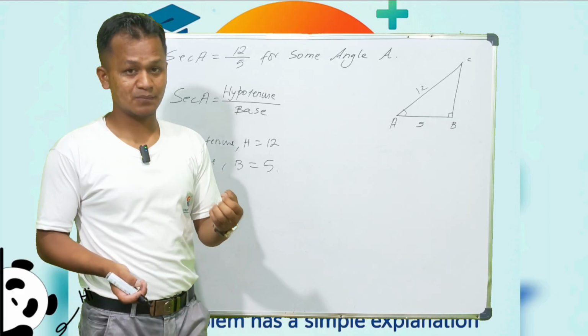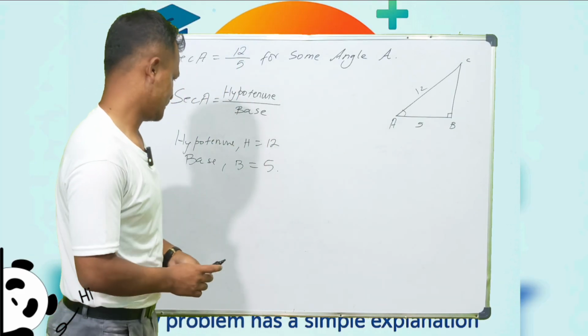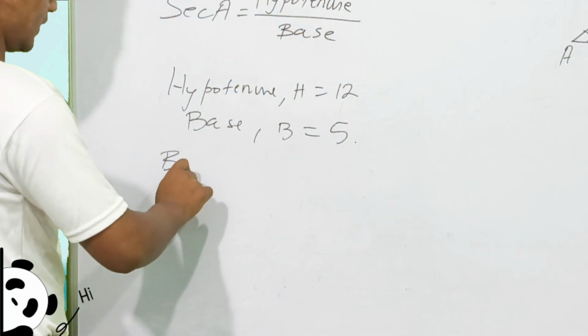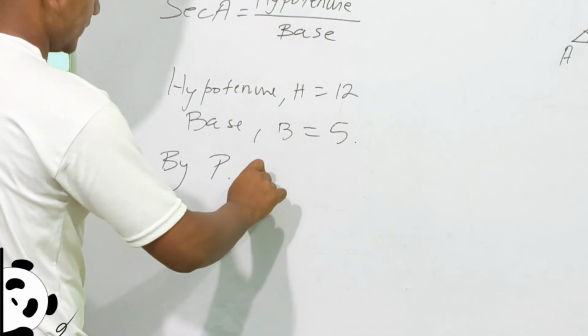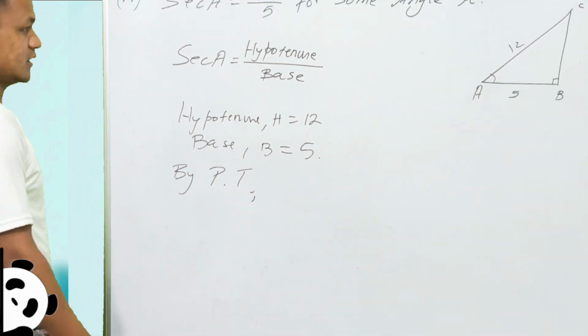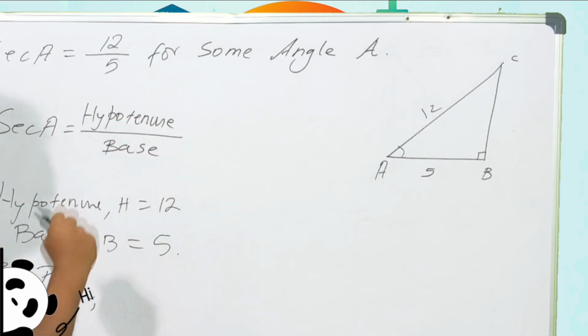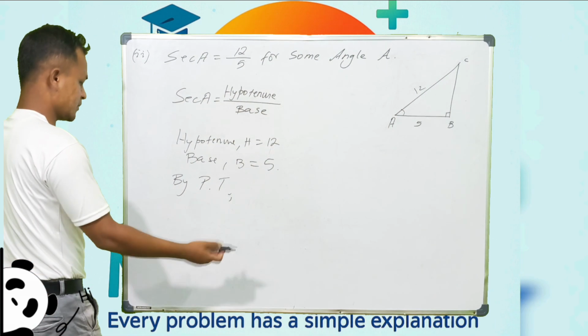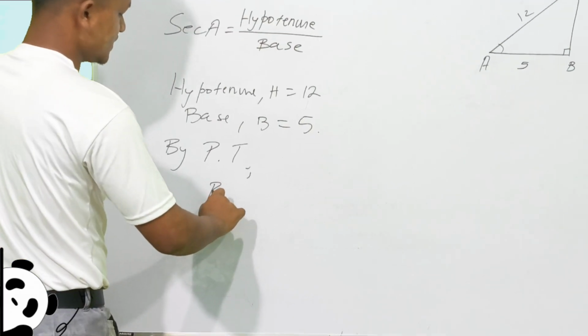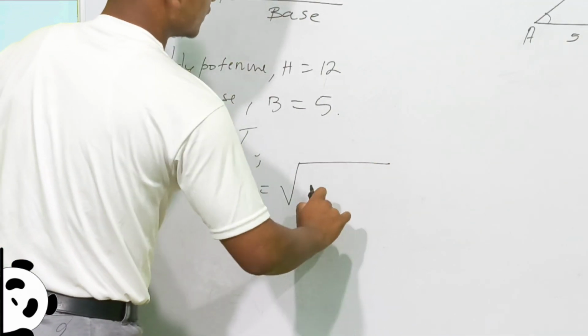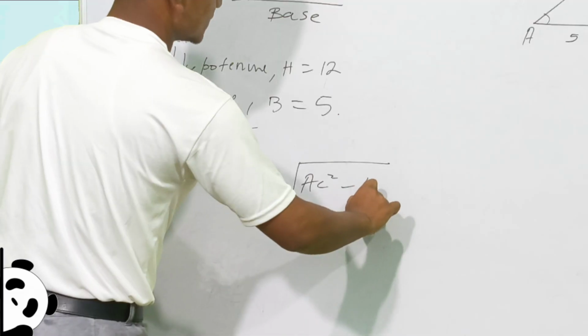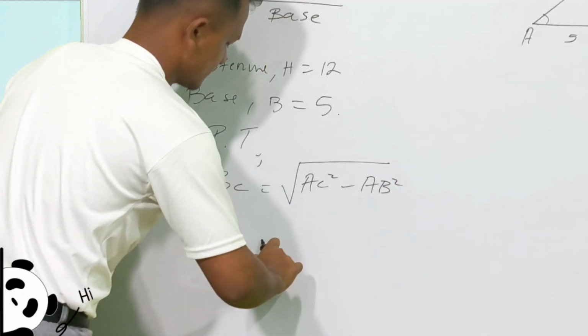So let's do this by applying the Pythagoras theorem. AC acts like the hypotenuse, AB acts as the base, and BC acts as the perpendicular. So by Pythagoras theorem, BC is equal to root over AC square minus AB square.